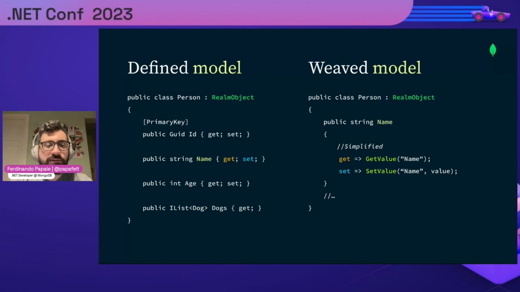It's a simple class, so you just define your class, you define your properties with getters and setters, and then the important thing is that the class needed to derive from this Realm object base class.